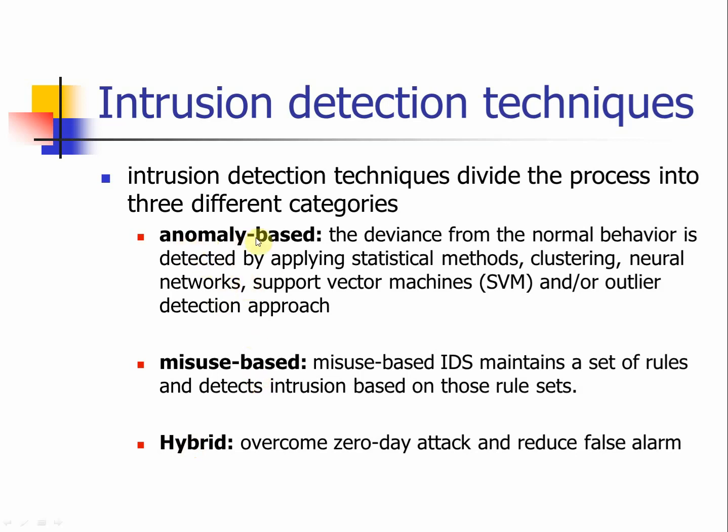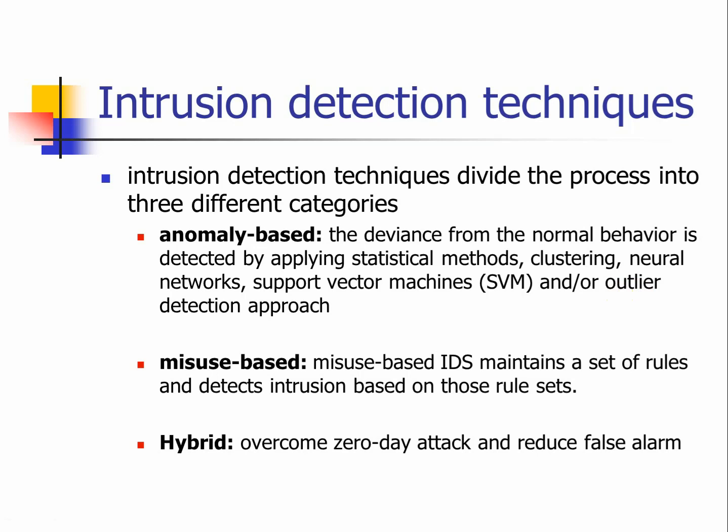The first one is anomaly-based. The deviance from the normal behavior is detected by applying statistical methods, clustering, neural network, support vector machine, and/or outlier detection approach. So the first style basically tries to detect the outliers. In the data log that you have, probably 99% of them are fine. They are not malicious attacks, they are regular behaviors.